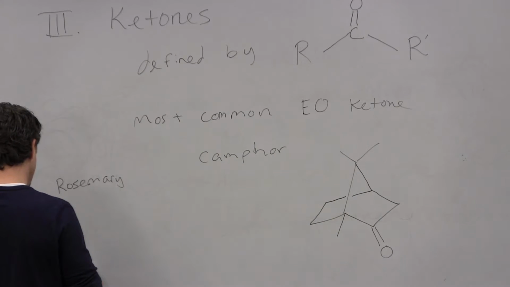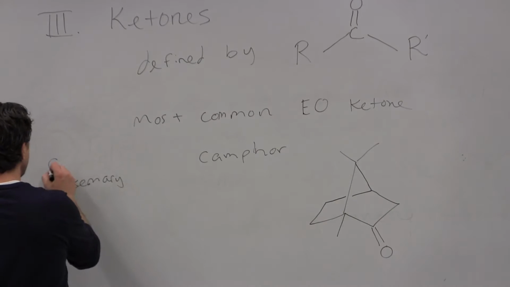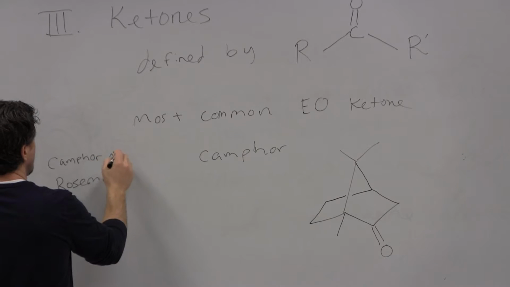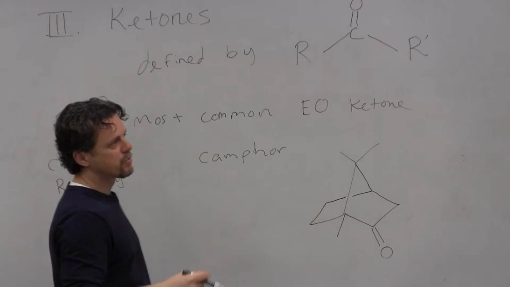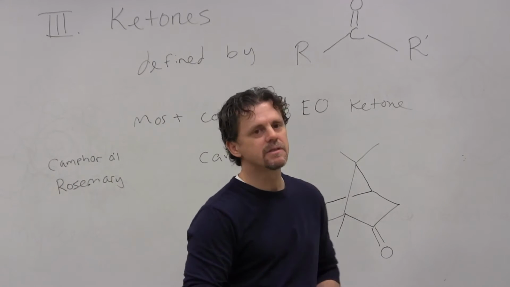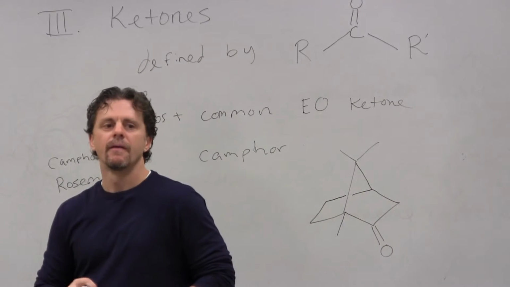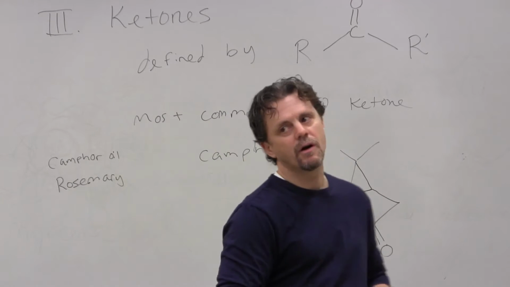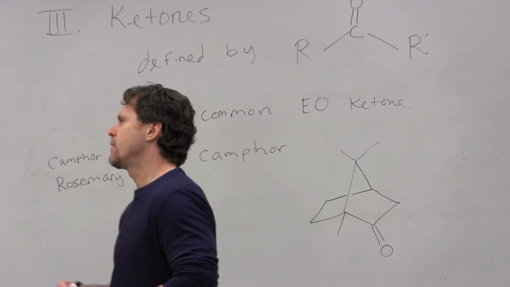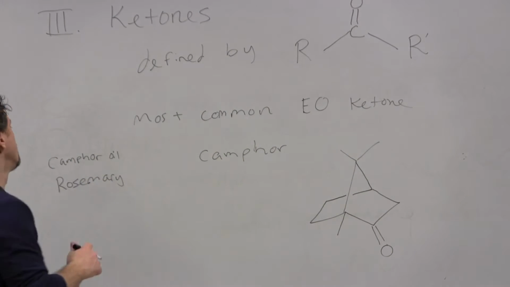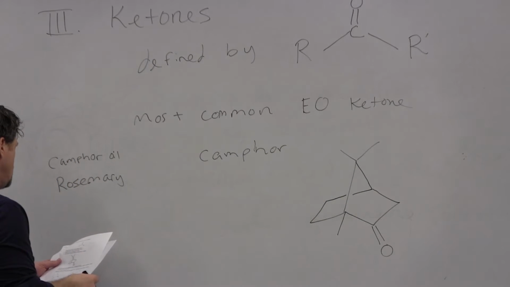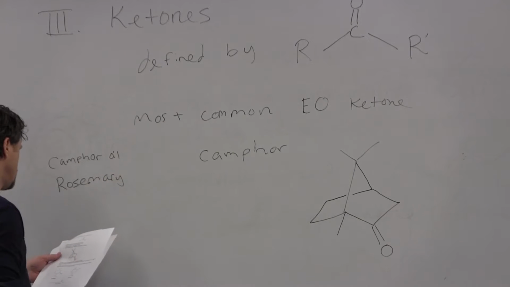There is an oil called camphor, which comes from a plant, Cinnamomum camphora. There are many varieties of it. Some are high in linalool, some are high in camphor, some are high in methyl eugenol, and several other things. In camphor oil it could be really high, but in rosemary oil, it's significant.